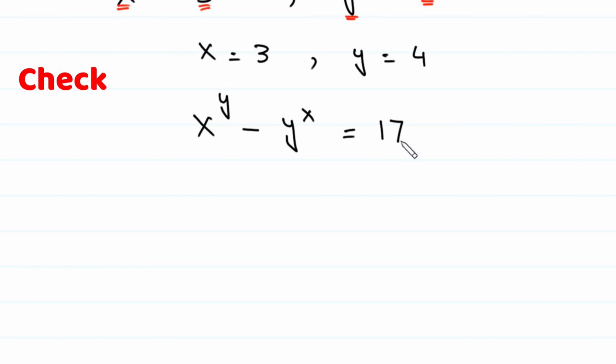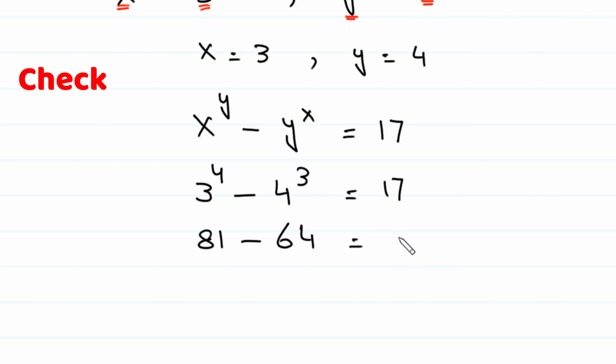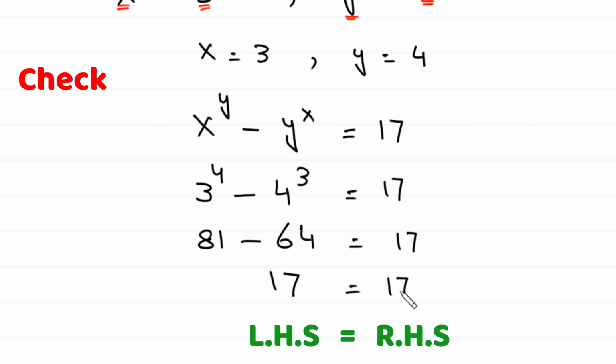In this equation we put the value of x 3 and value of y 4, and this equation becomes 3 to the power 4 minus 4 to the power 3 is equal to 17. 3 to the power 4 is 81 minus 4 to the power 3 is 64 is equal to 17. 81 minus 64 is 17 is equal to 17. You can see that left hand side is equal to the right hand side. So it is proved that the value of x is 3 and the value of y is 4.